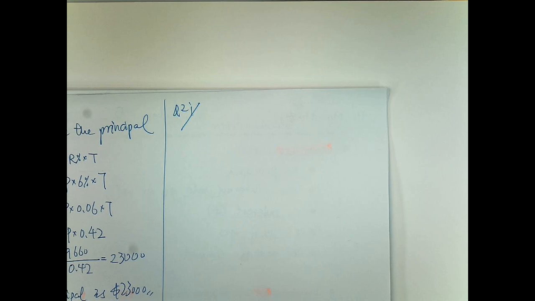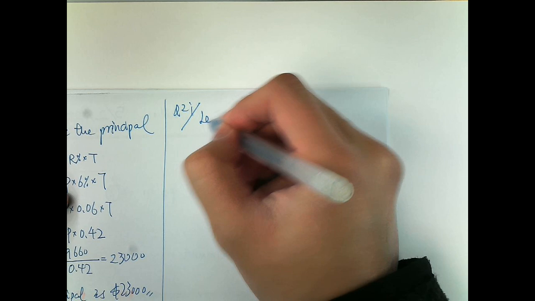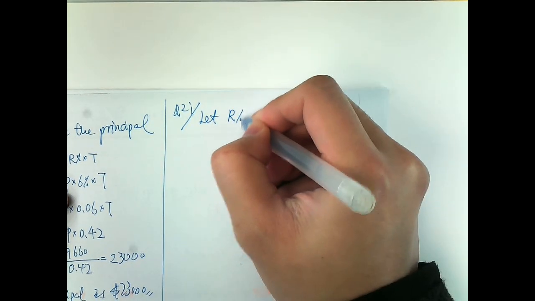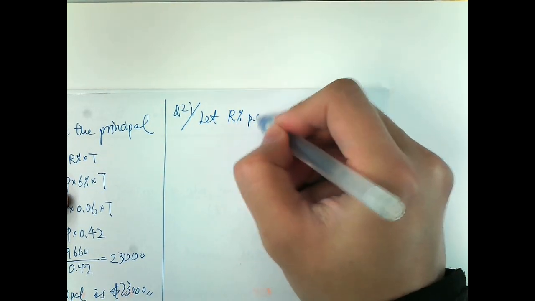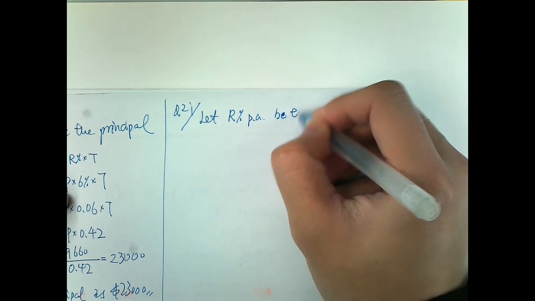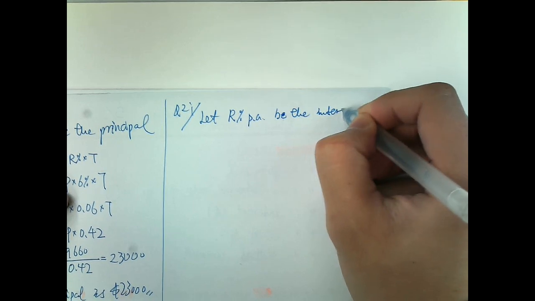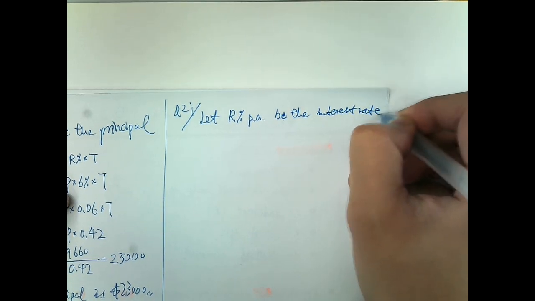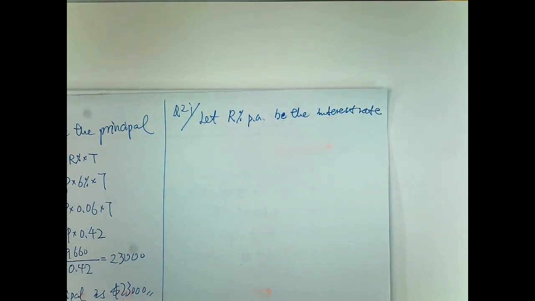So what is the interest rate? Meaning that you have to find out the R percent, understand? So you can let R percent, better you write R percent, understand? Be the annual interest rate, but not just interest. It's okay?